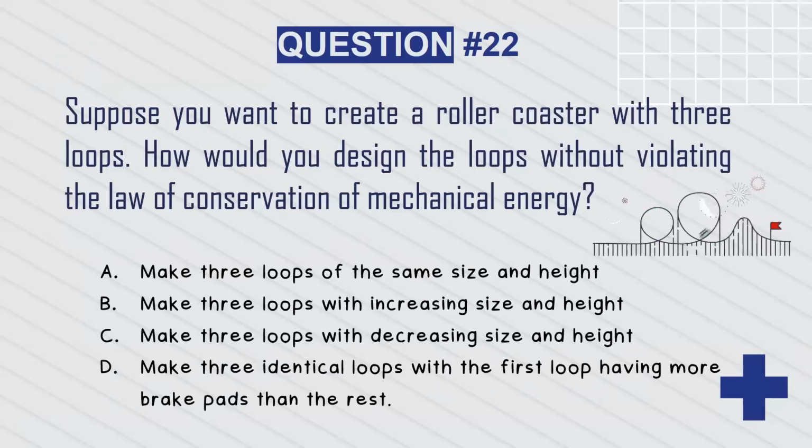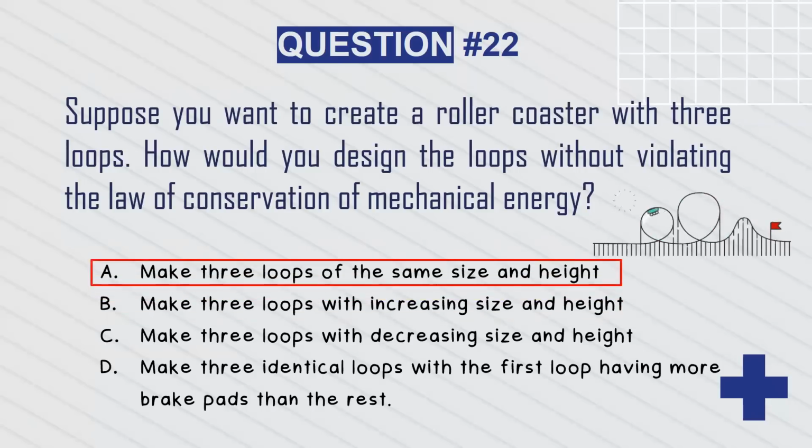Or D. Make 3 identical loops with the first loop having more brake pads than the rest. If we are to consider the law of conservation of mechanical energy, we have to make 3 loops of the same size and height.